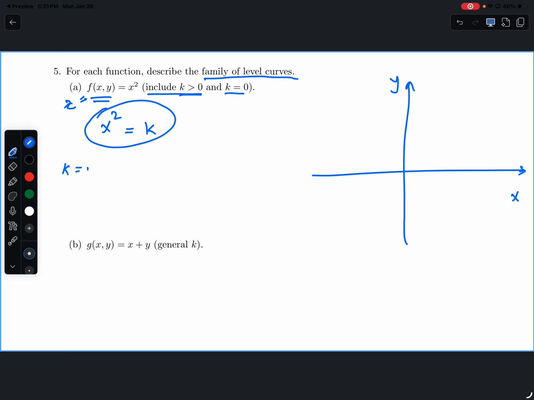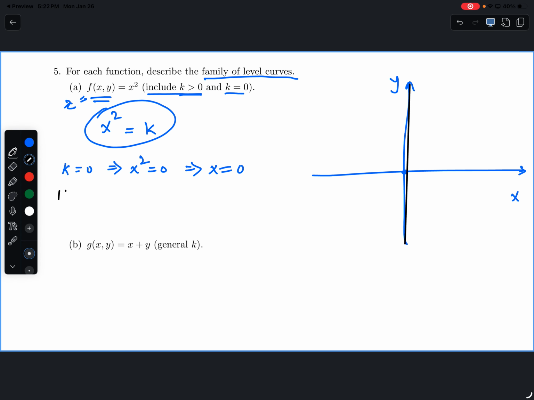If I put k is equal to 0, it means x squared is equal to 0. It means x is 0. Is x is equal to 0 a point in the xy plane? x is equal to 0 is an equation of this vertical line, which is the y-axis. x is equal to 0 is an equation in this plane, corresponding to the y-axis.